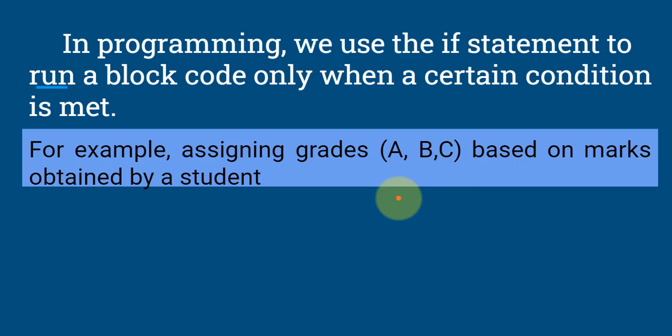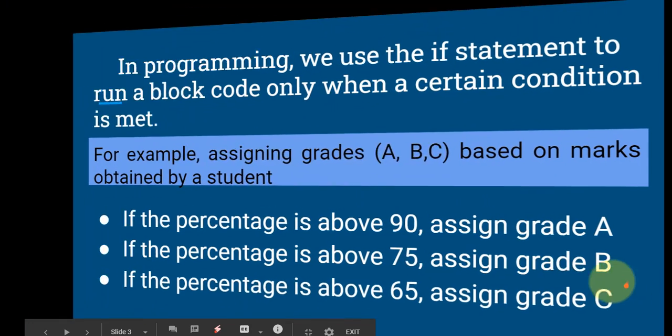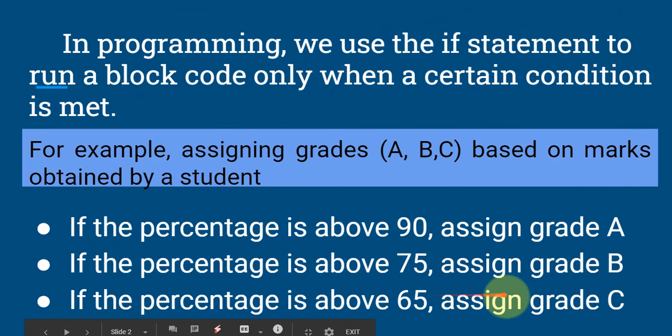First example: if the percentage is above 90, then we can assign the grade A. If the percentage is above 75, we will assign grade B. However, if the percentage is above 65, then we can assign grade C. So for this kind of problem, we can use the if-else condition. That's an example.